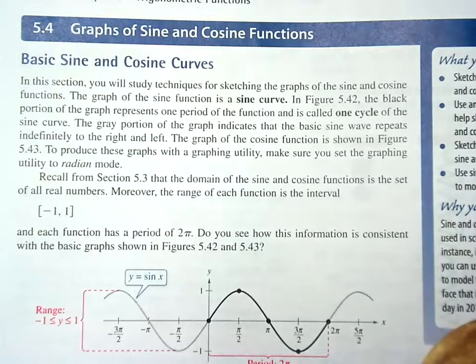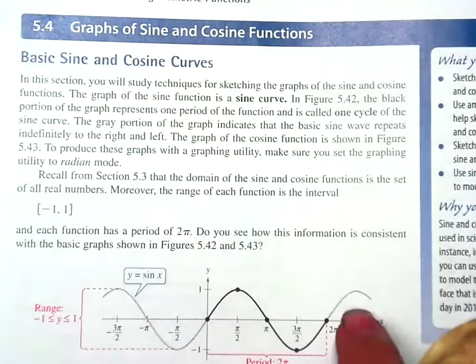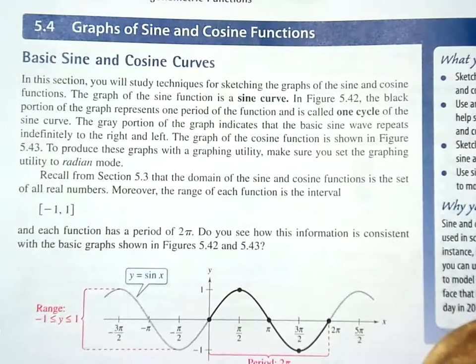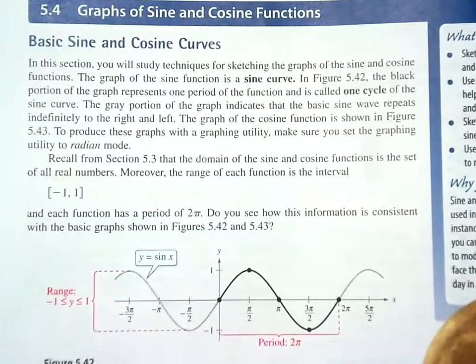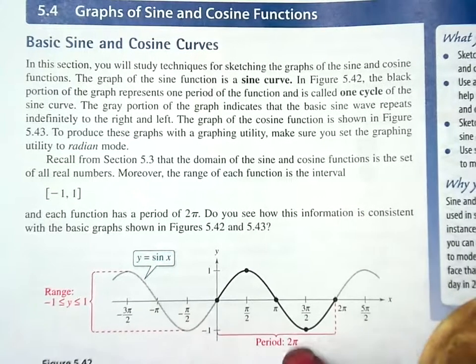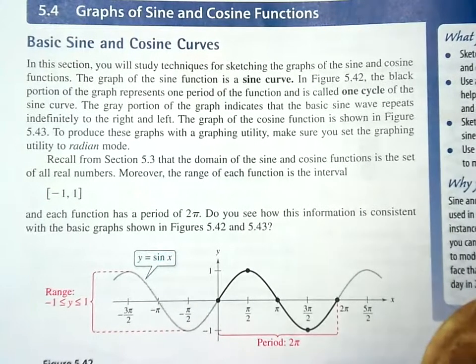The black area versus the gray area represents one period or one cycle of it. For each of the sine and cosine functions, a single period consists of 0 to 2 pi. So the period here is defined as 2 pi.